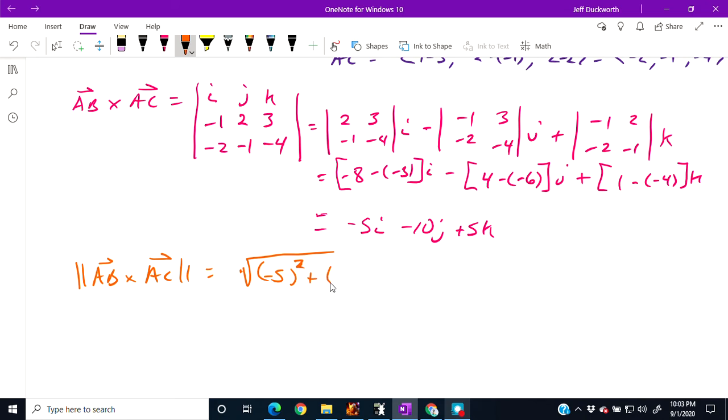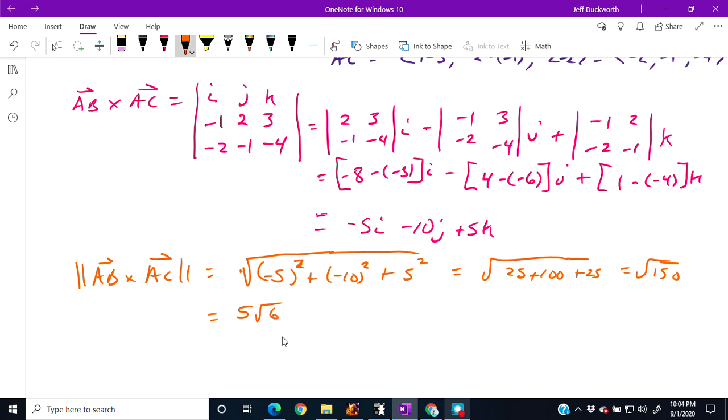Our next one is negative 10, so negative 10 squared. The last value is 5, so 5 squared. That's the square root of 25 plus 100 plus 25, the square root of 150. So we take out 25, and that's going to be a 6. So it's going to be 5 root 6. This is the area of the parallelogram.